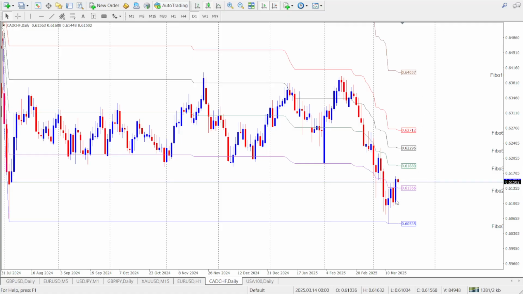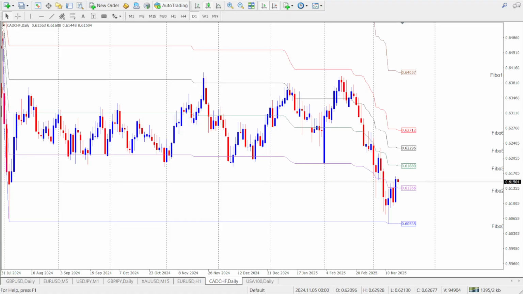So you can see that the different percentage levels are displayed in different colors for easy identification. Each of these levels play an important role in determining potential market reactions.